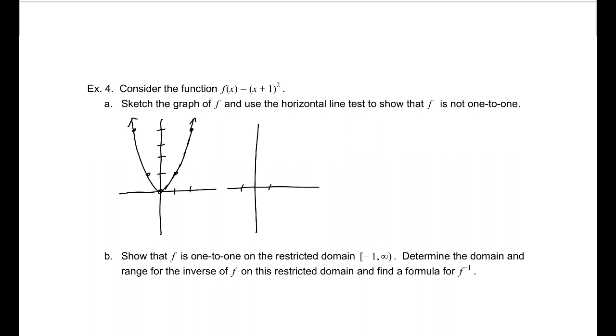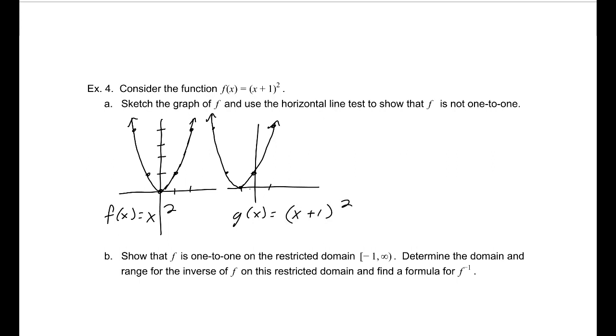So negative 1 would be 0, 1 is 1, 1 is 4. Okay, so f(x) = x squared. This is g(x) = (x + 1) squared.